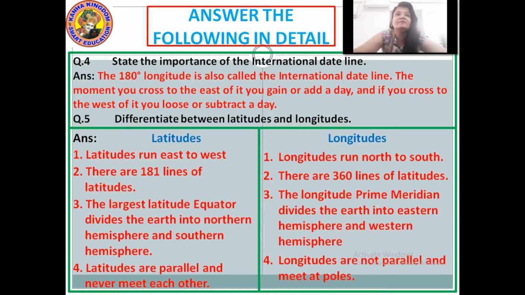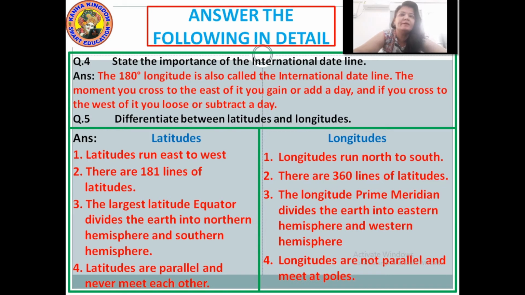In the first column you have to write down latitude, and in the second column you are supposed to write down longitudes. There are 4 points each. So first make a line in the center of your paper, in the middle of your page. On one side write down latitude, and on the second side write down longitude.